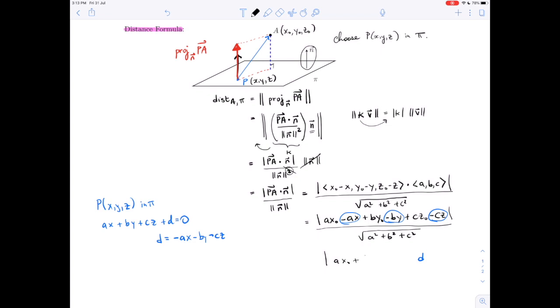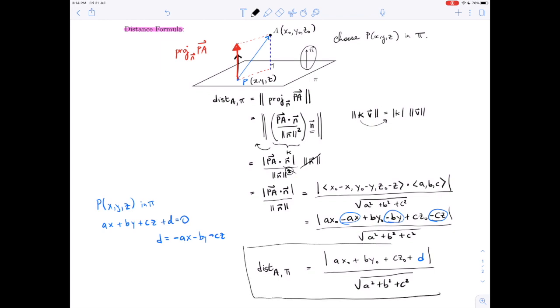ax0 plus by0 plus cz0 plus d in absolute value over the square root of a squared plus b squared plus c squared. And that is the standard form of the distance formula from a point A to a plane pi given in its general equation form.